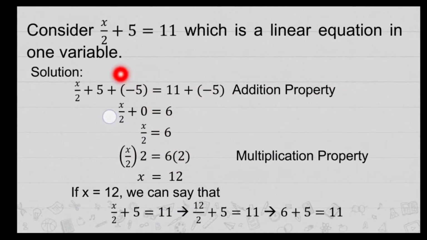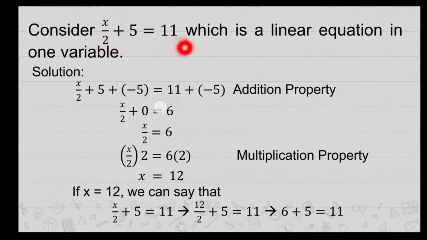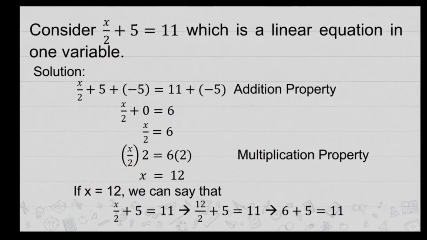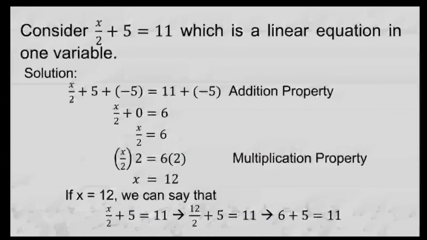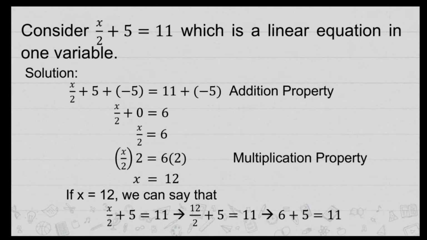But let us check if this answer will make this equation true, by changing x to 12. As you can see at the lower part of our slide, we have x/2 + 5 = 11. Then we will change x to 12.